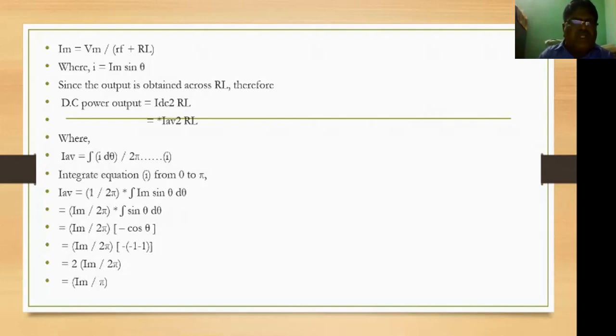Now, what will we do? Simply integrate both sides from 0 to pi. So, I average is equal to 1 by 2 pi into the integral of Im sin theta d theta. Please, very simple mathematical equations.